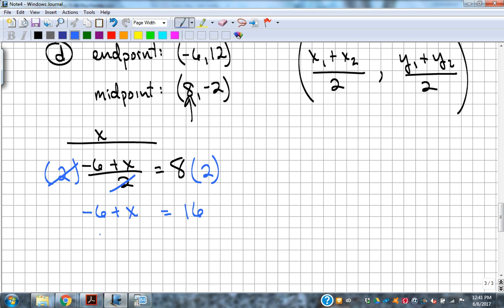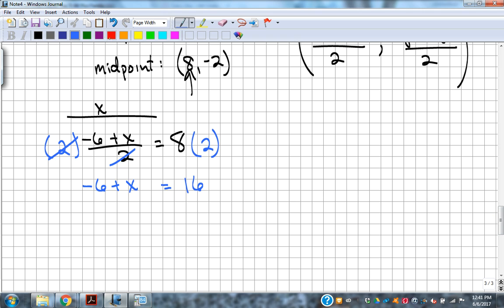How do I get the x by itself on this side? How can I get rid of this minus 6? The opposite of a negative 6 would be a positive 6, right? Yeah, I would add it to both sides, and that gets rid of it over here, and 6 plus 16 would be 22. That's the x value of my other endpoint.